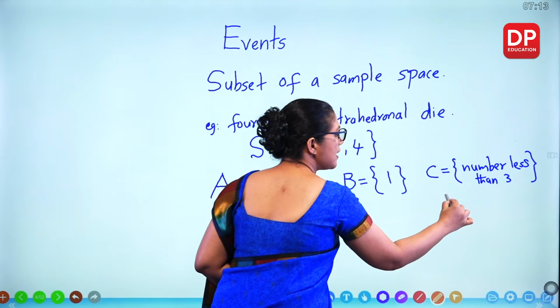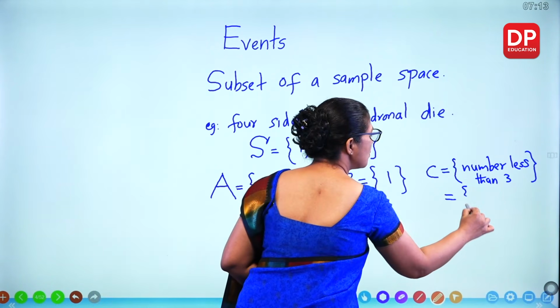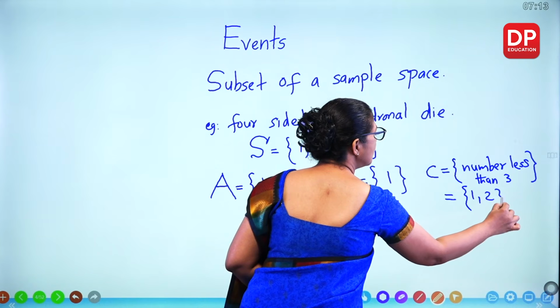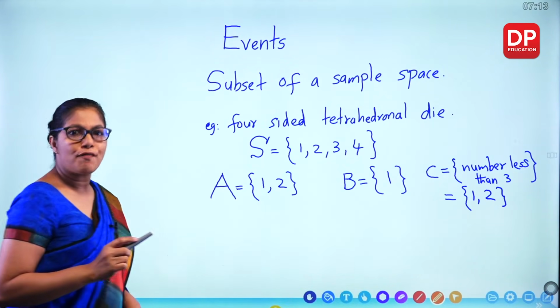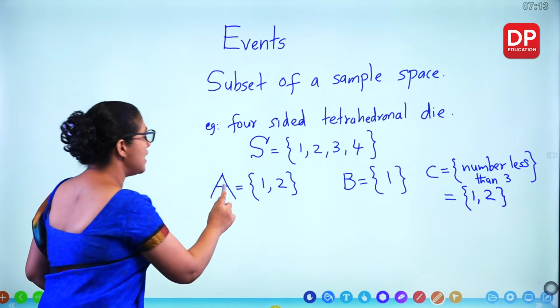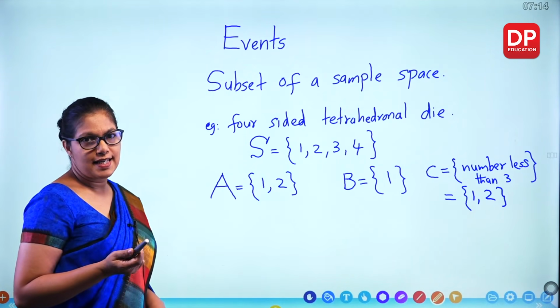So what are the possible outcomes if it's less than 3? 1 and 2. So these all are subsets of a sample space. So we call these event A, event B and event C.